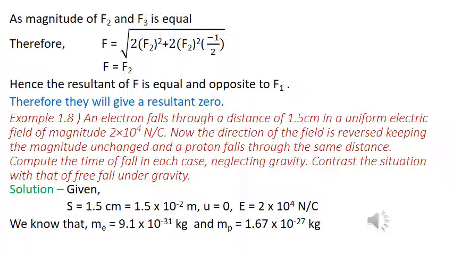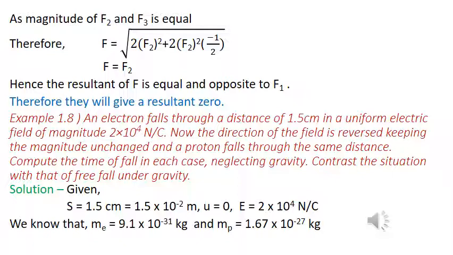In this question, it is given that there is a uniform electric field and an electron is falling in it at a distance 1.5 centimeter. That is, electron falls in electric field and covers the distance 1.5 centimeter. After that, the field is reversed and in place of electron there is a proton falling the same distance in it.